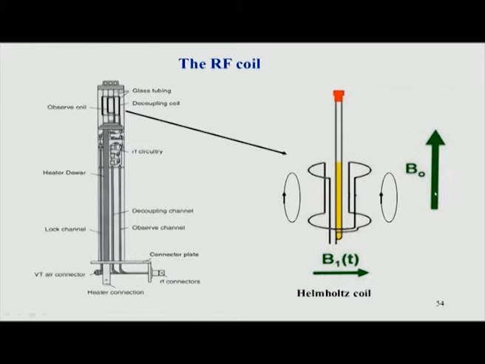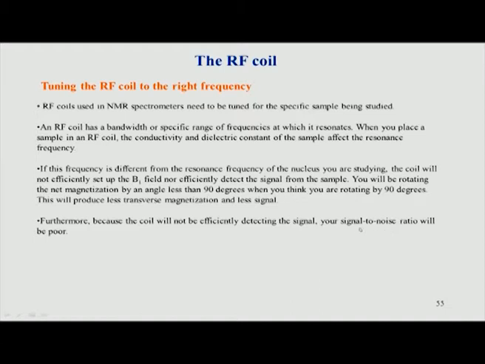B0 is along the vertical z axis, and the RF pulse which we apply is always perpendicular to B0. So, it can be either in the x direction or y, but never in z. This is how these currents are applied.